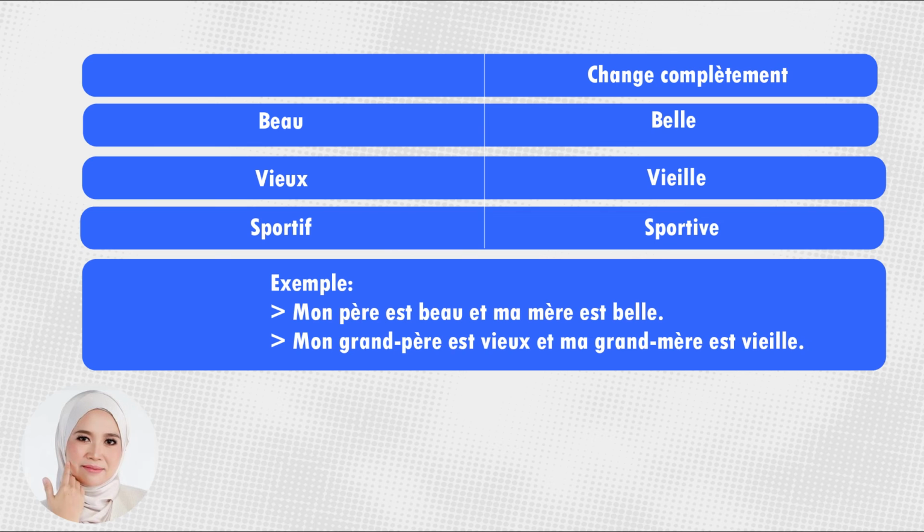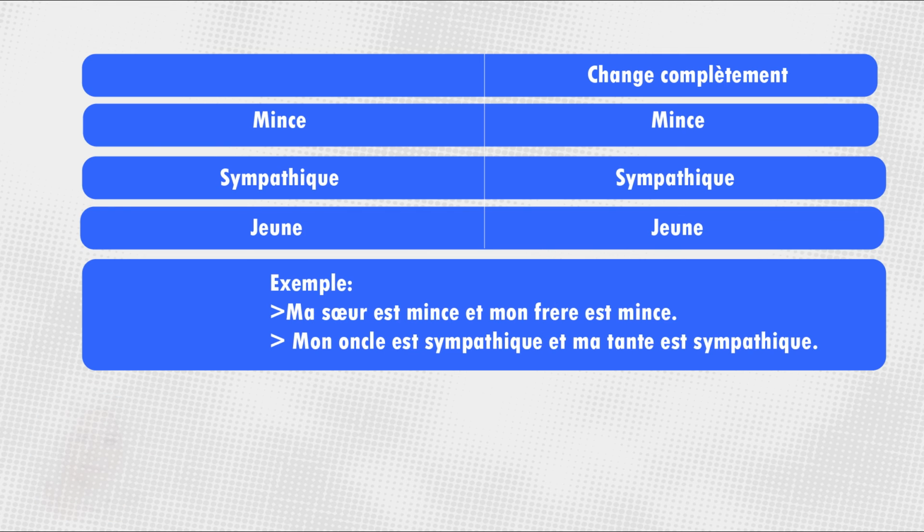Now the next one, mon grand-père est vieux et ma grand-mère est vieille. Okay, my grandfather is old and my grandmother is old. Okay, so in this variation the female form changes completely from the male form.